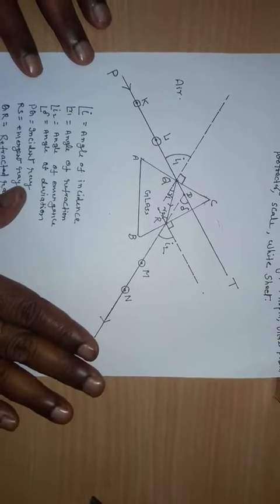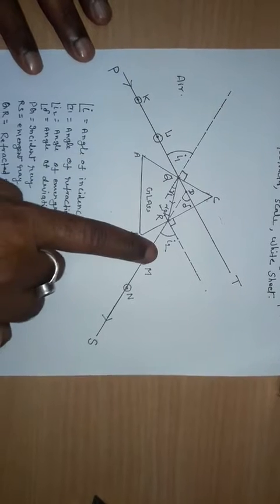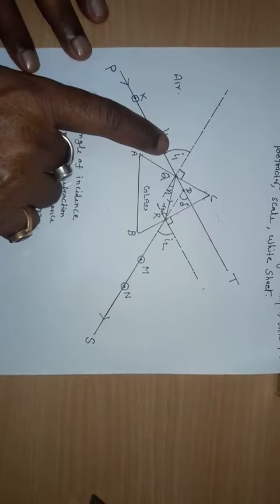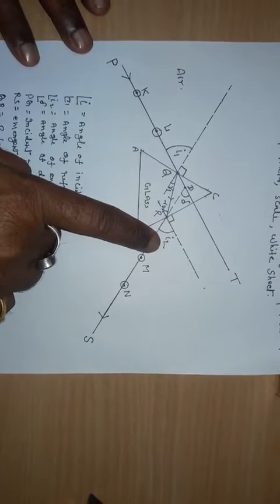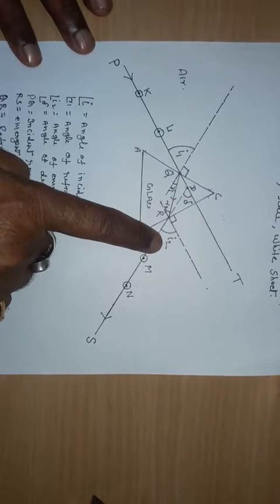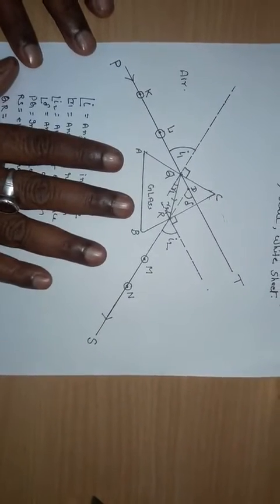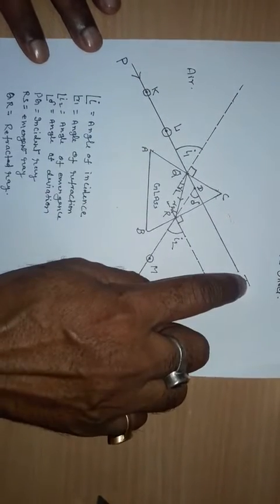Okay, angle I will be equal to angle I2, means angle of incidence is equal to angle of emergence. When light is traveling in a straight line, if there will be no glass prism, then light will go straight in PT direction.